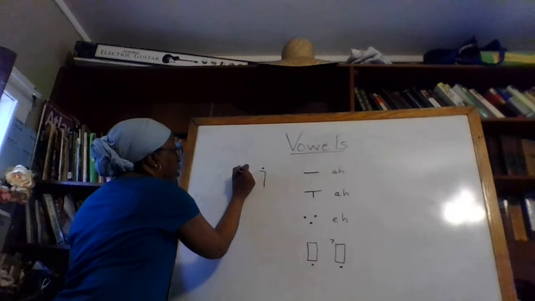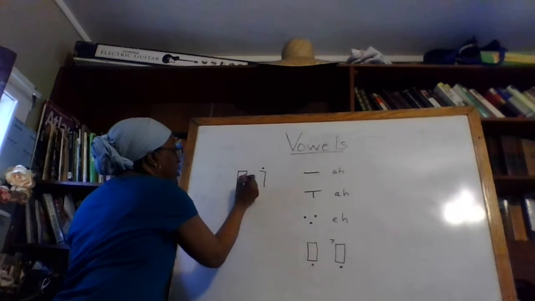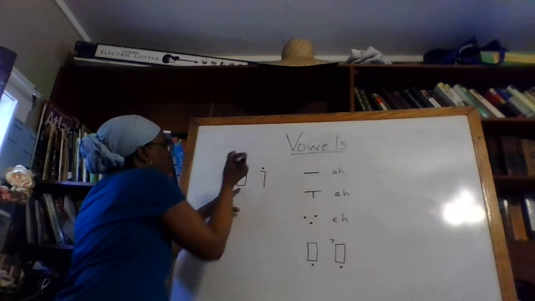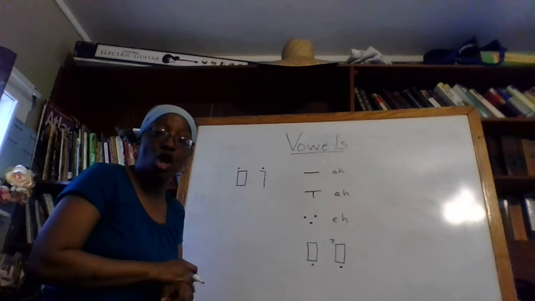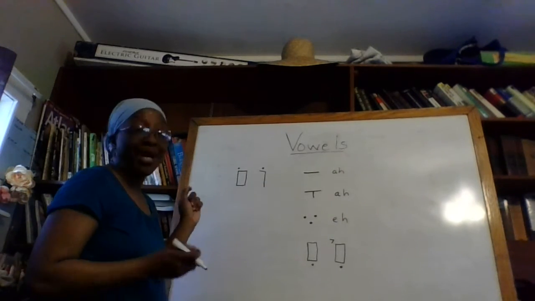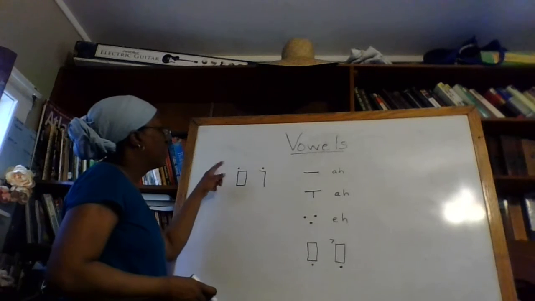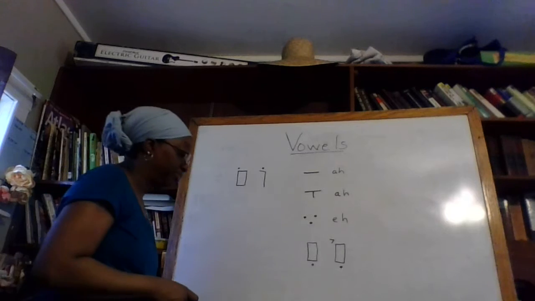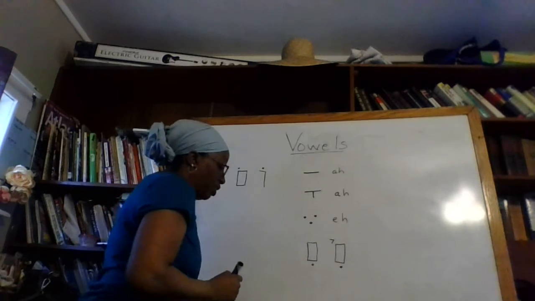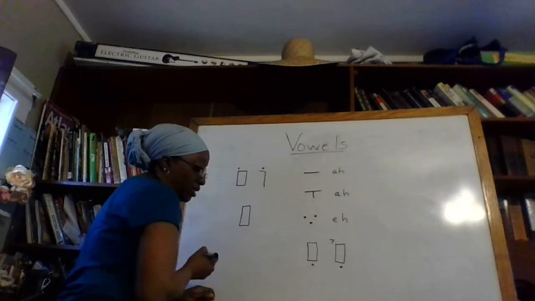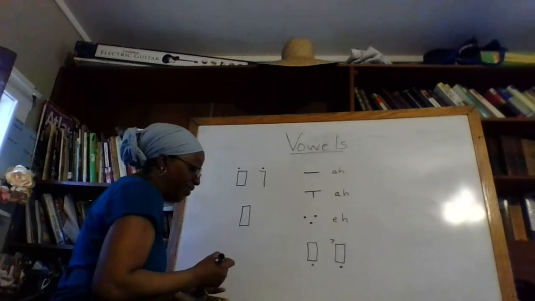Or if you have a letter with a dot over it, that also makes the o sound. So vav with the dot over it makes the o sound. A letter with a dot over it also can be used to make the o sound. And we're just using these rectangular boxes to show the correct placement of the vowel.